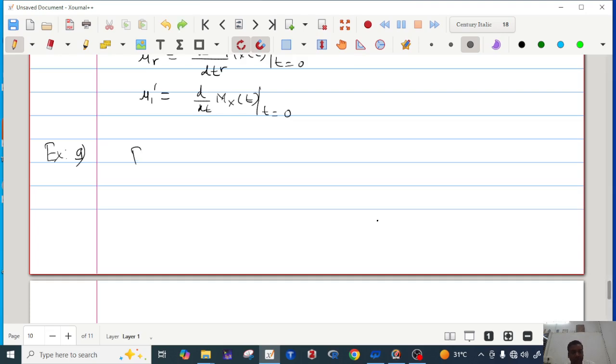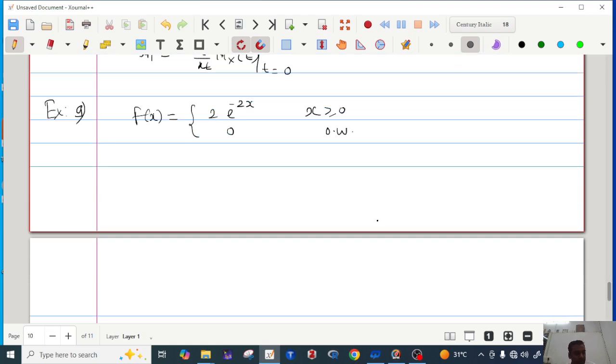Suppose f(x) is the PDF, 2 into e raised to minus 2x, for x greater than or equal to 0, and 0 otherwise.